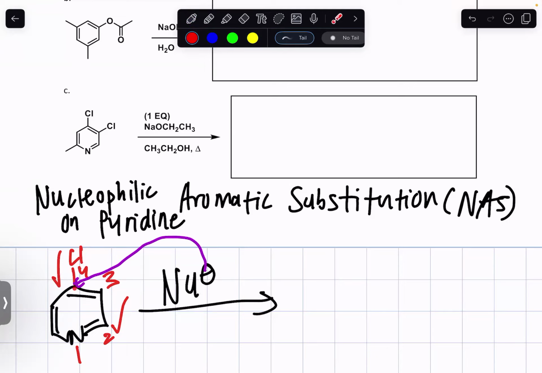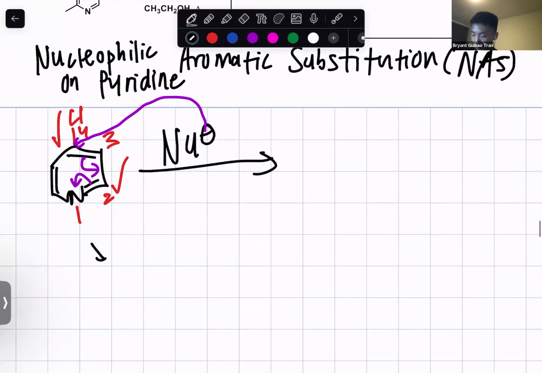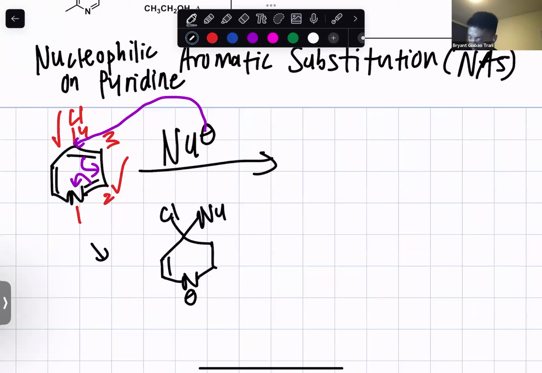What happens is this double bond will go down and pop this double bond onto that nitrogen to get this structure, where the nucleophile is here and the chlorine is still there. Notice how the negative charge is on the nitrogen.